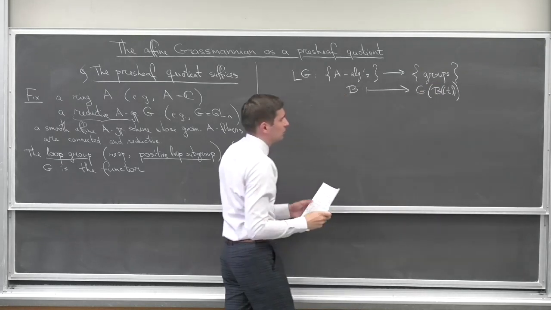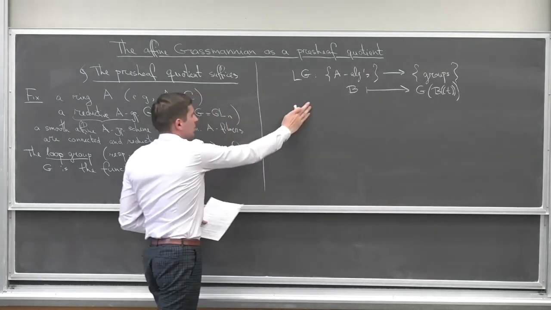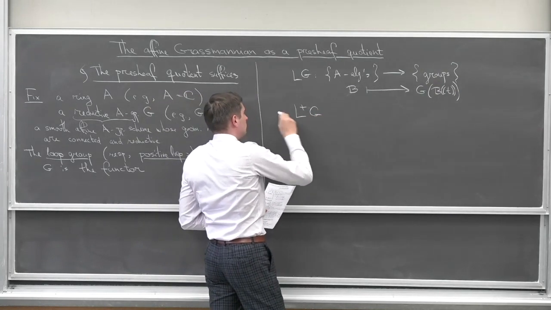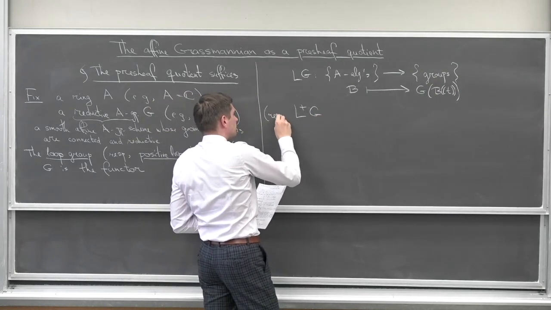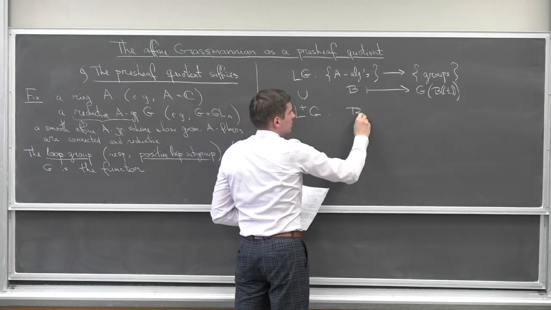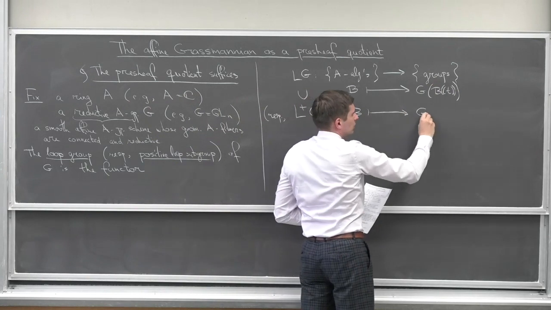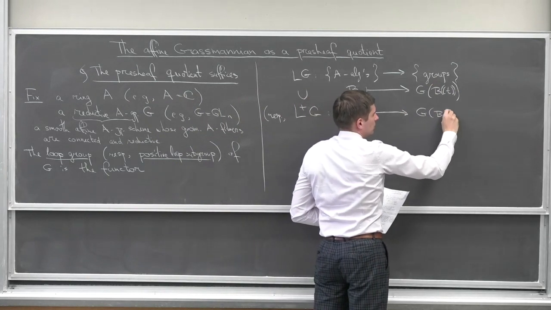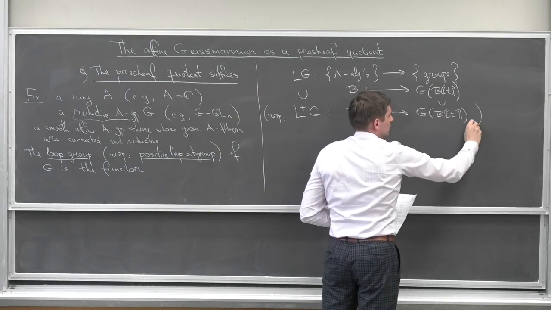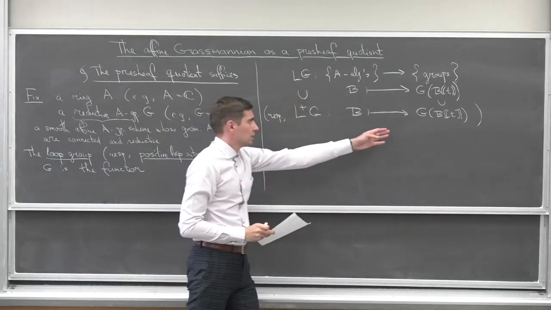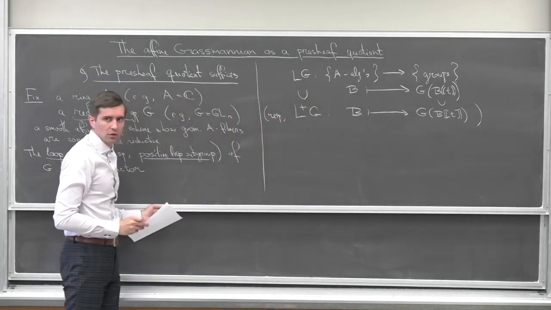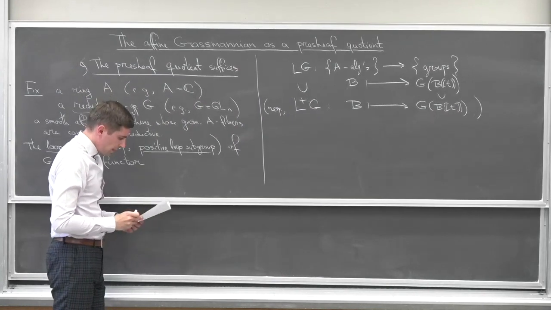And then for an arbitrary algebra B, the positive loop subgroup L^+G is the subfunctor which sends the same B to all such points which have no denominators, that is, the value of G on actual formal power series, B[[t]].